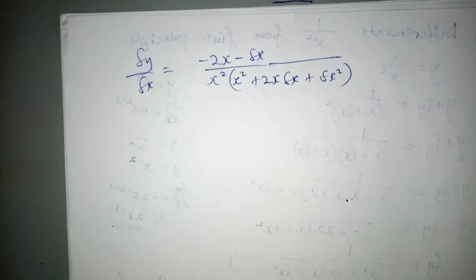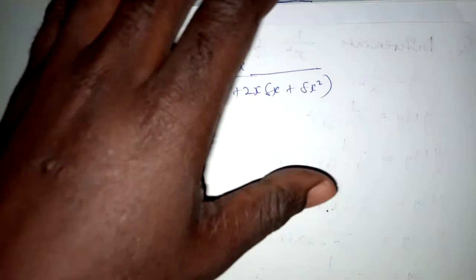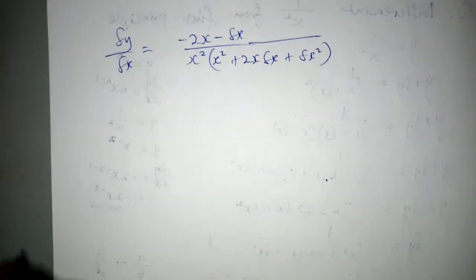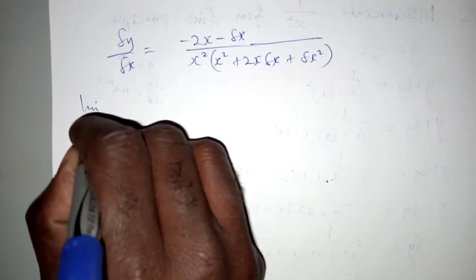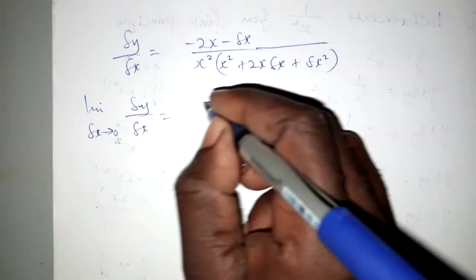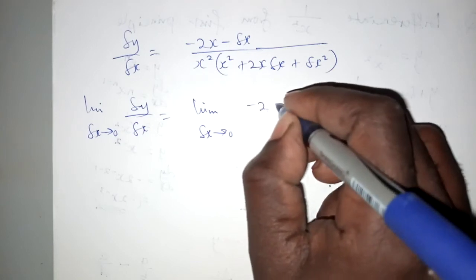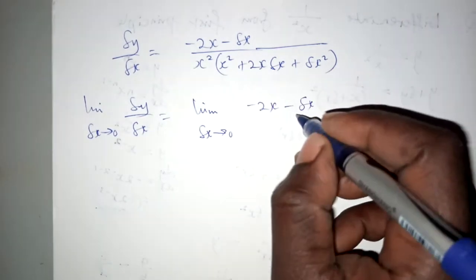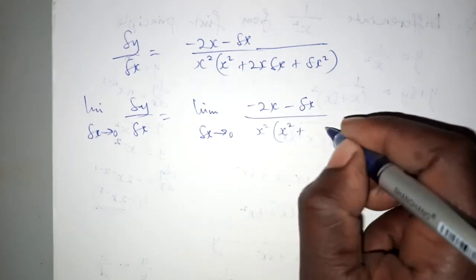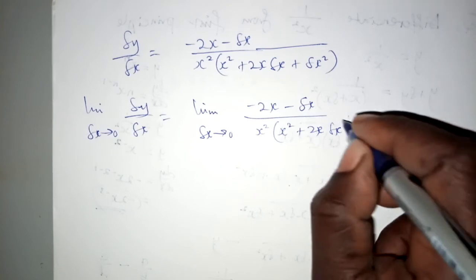So we are to take the limit from both sides. So we have limit as delta x tends to 0, delta y by delta x is equal to limit as delta x tends to 0 of minus 2x minus delta x all over x square into x square plus 2x delta x plus delta x square.